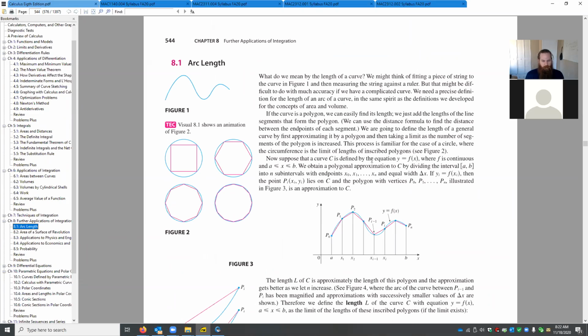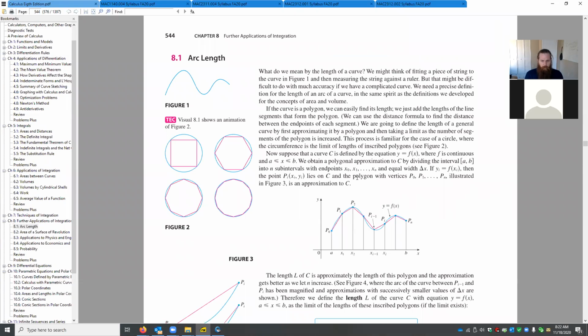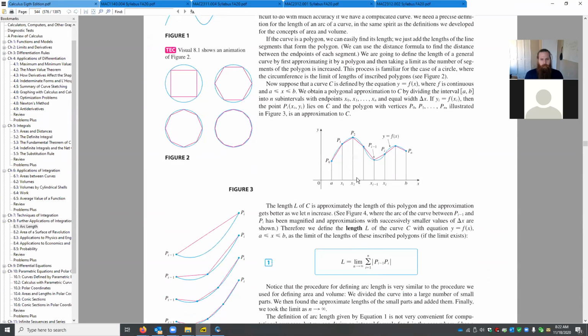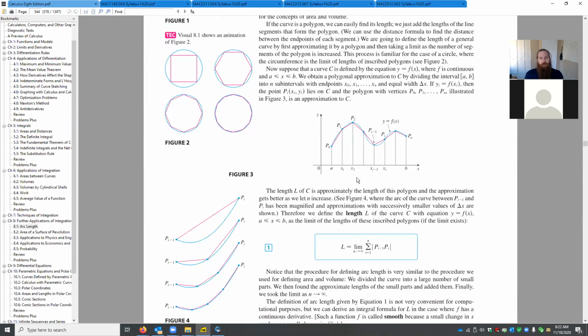I think that the formulas in the chapter 8 setting are a little less intuitive, but maybe being in a place where you don't have to learn about parametric curves at the same time will make it a bit easier. So I want to come in and cook up these concepts of arc length and surface area for you, and then we're going to move to chapter 10.